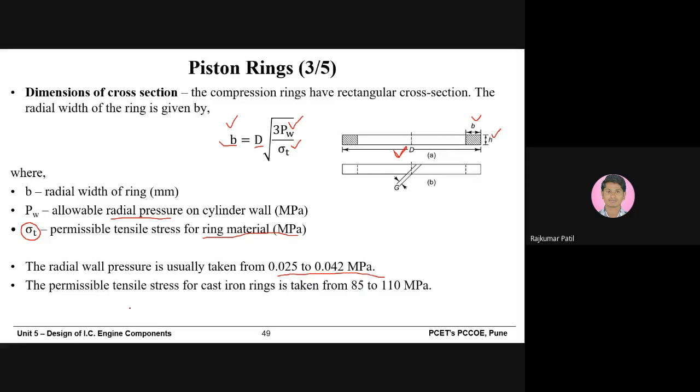The permissible tensile stress for cast iron ring is taken from 85 to 110 megapascal. So whenever there is a numerical and radial wall pressure and permissible tensile stress are not given, then you can choose the value between the given limit.